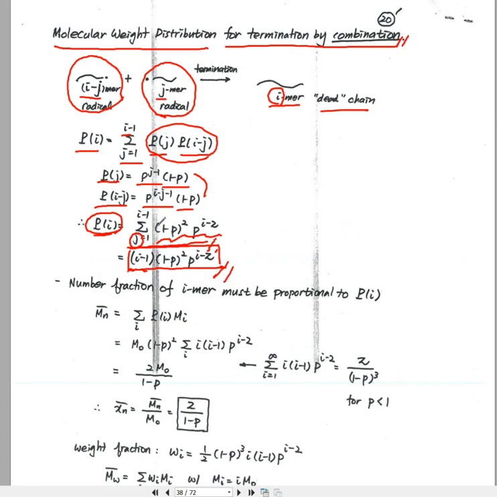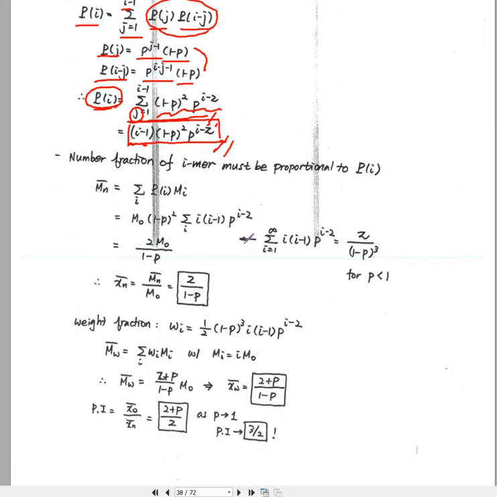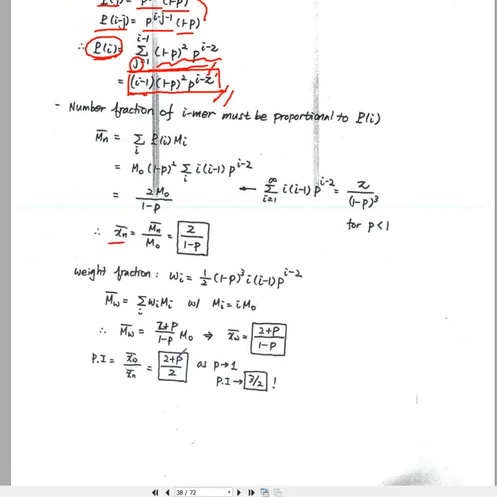So from this probability, we can calculate the number average degree of polymerization and also the weight average degree of polymerization. Let's first calculate the number average molecular weight. It is basically equal to this probability of forming polymer chains with length i times the molecular weight of the i-mer, right?